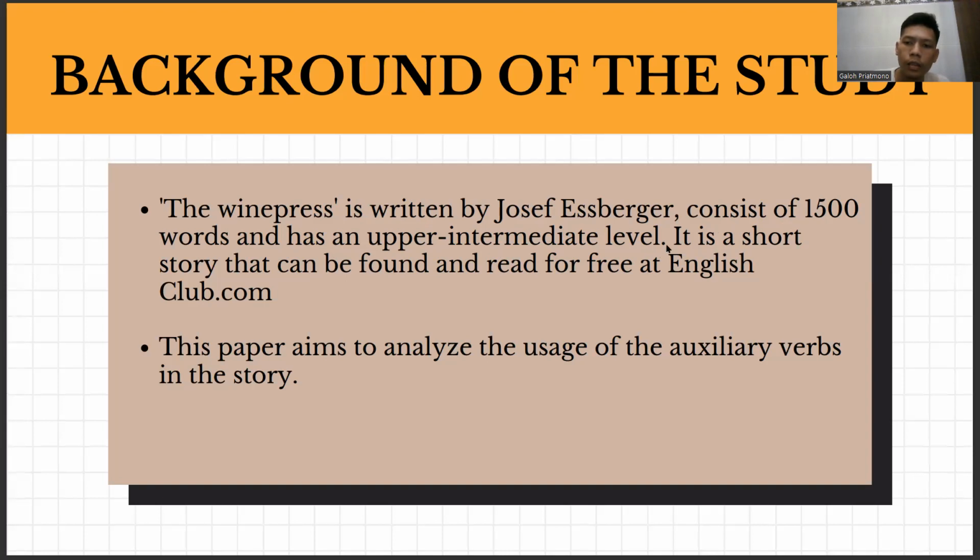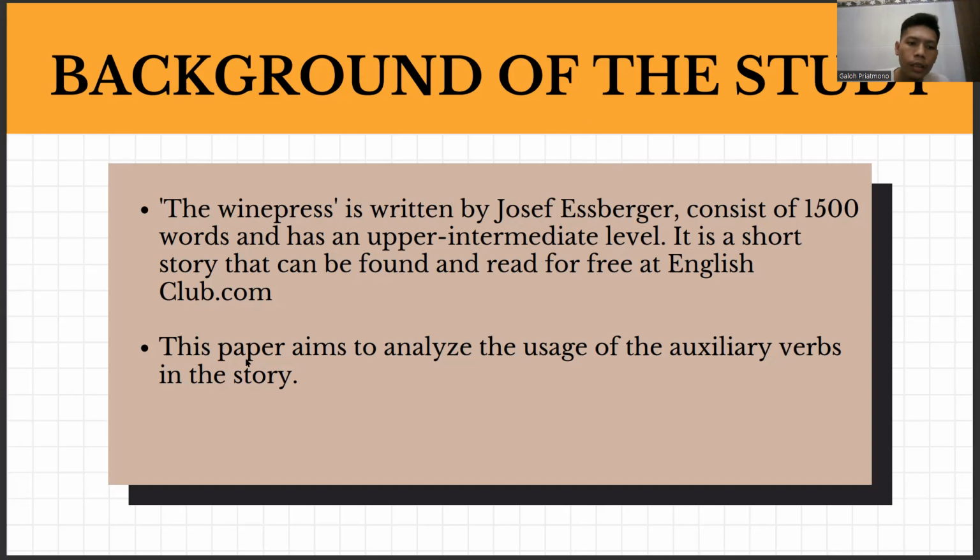So this short story matches my reading level at that time, and because the content of the story is not really hard to read and comprehend, because it's just a story about love and struggle, I chose to analyze the auxiliary verbs in this short story. You can find this short story at englishclub.com.